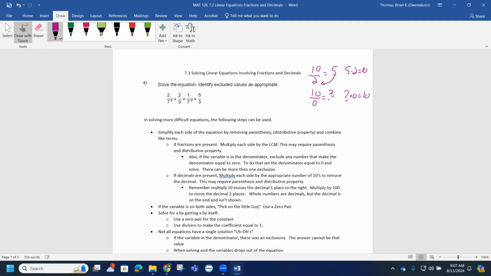There's no number that you can multiply by 0 and get back to 10. And you can also think of it another way: you're starting with 10 and you're dividing it into 0 groups, because remember the bottom number is how you're grouping it.